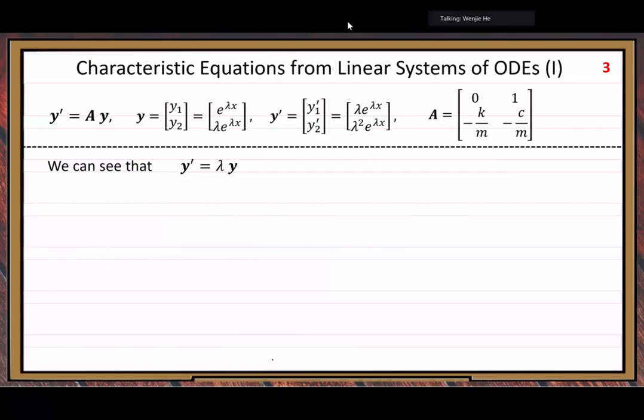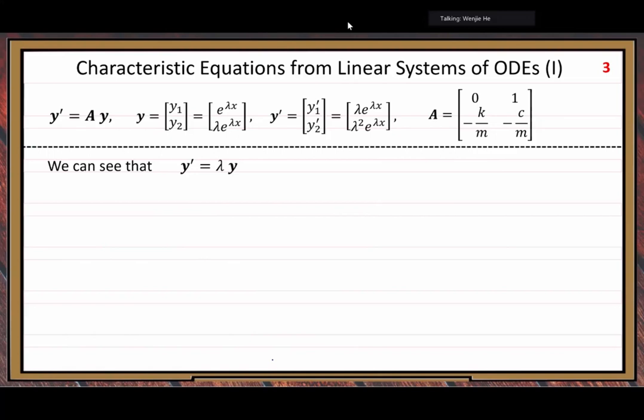So y prime, because from here, you can factor lambda out of this y prime vector. After you factor that lambda out, y prime vector equals lambda times y vector. Okay, very easy. All right, so we can see that.